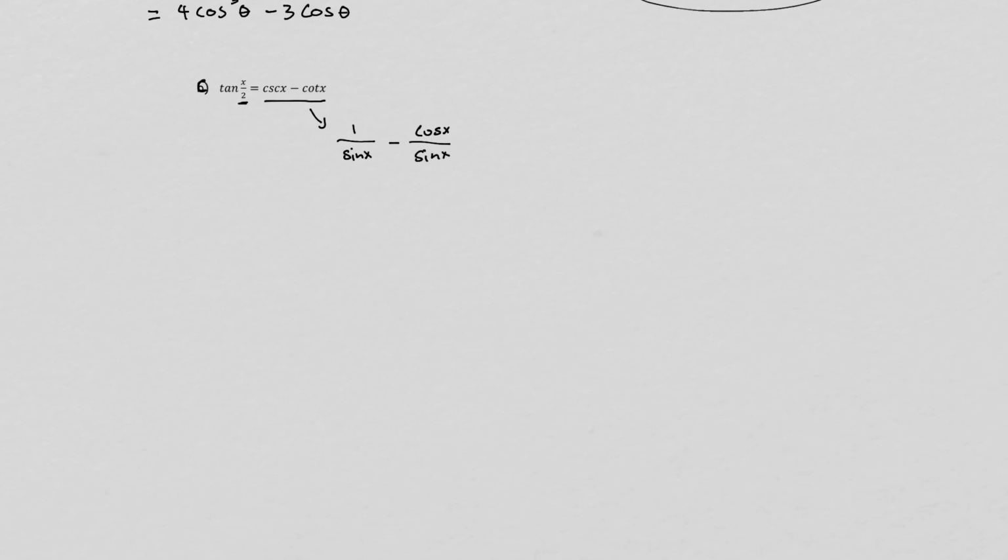And then go from there, right? Because same denominator, let's do the subtraction. That will be 1 minus cosine x over sine x.